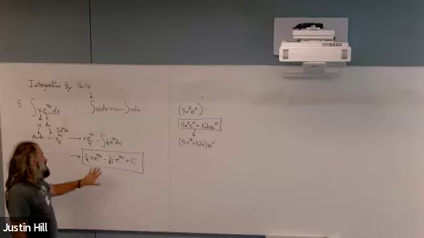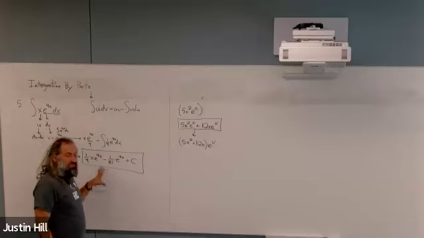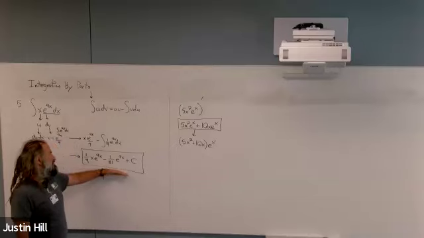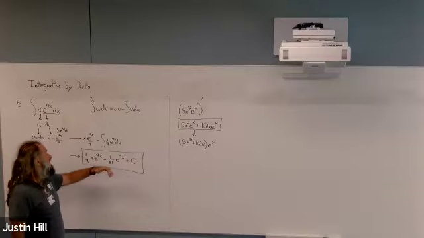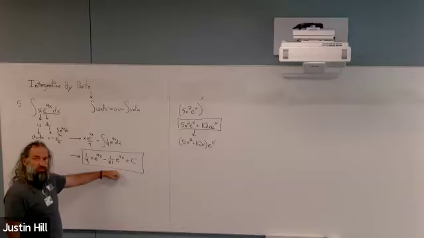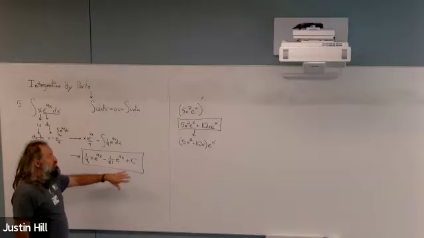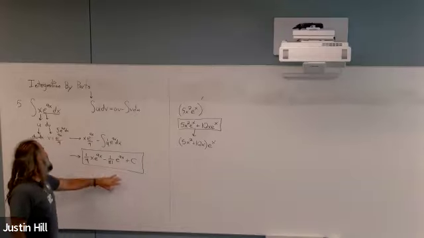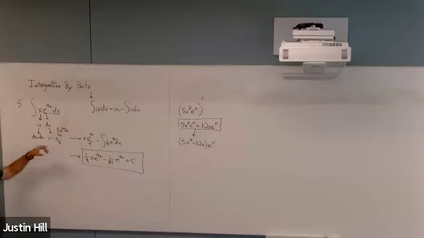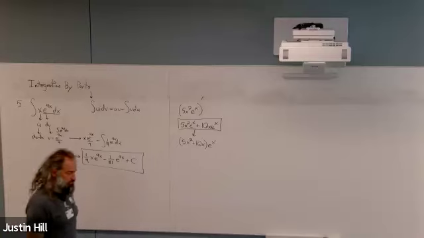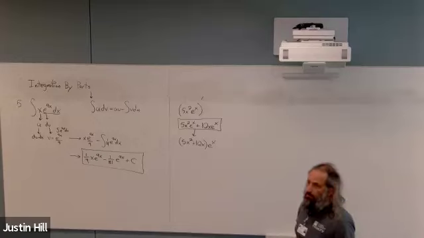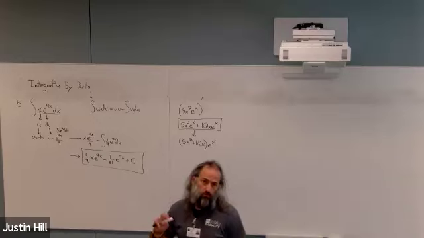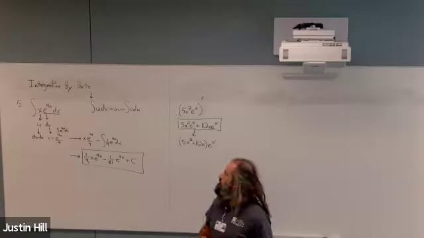Like I was saying to begin with, the lesson at the end of this is that if you took this and did the derivative of it, you would have to use the product rule, but it would get you down to exactly what we started with, x e to the 9x. So integration by parts is sort of reverse product rule.